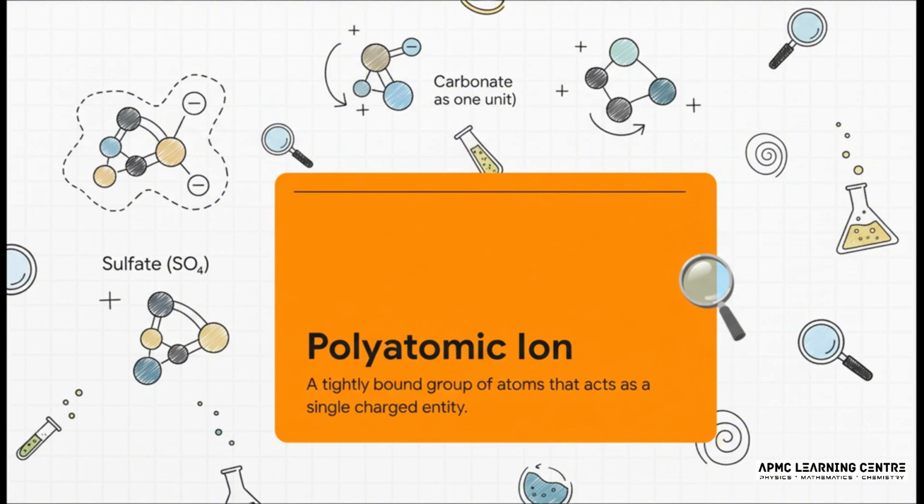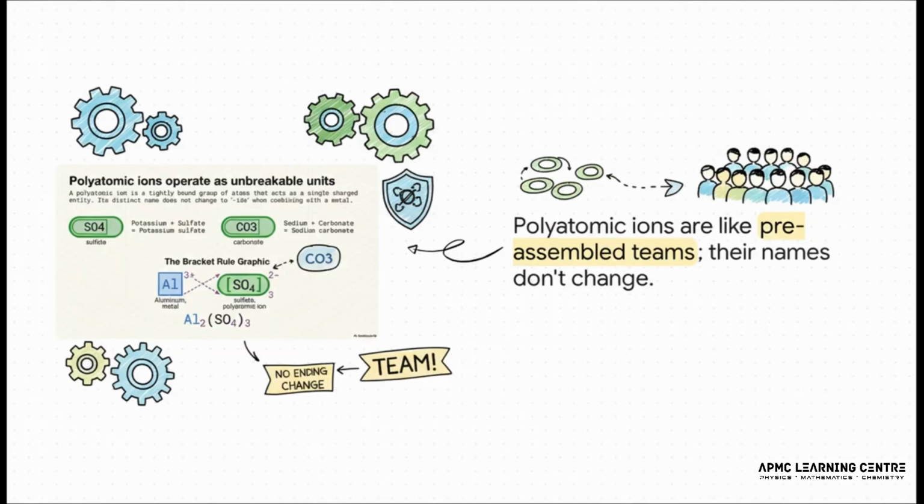They're groups of atoms, like sulfate or carbonate, that are all bound together, and they act like a single unit with its own special name and its own charge. And because these groups act like one unbreakable team, they get to keep their special team name. So when potassium links up with the sulfate group, we don't change the ending to "ide" or anything. It's just potassium sulfate. The team name stays intact.